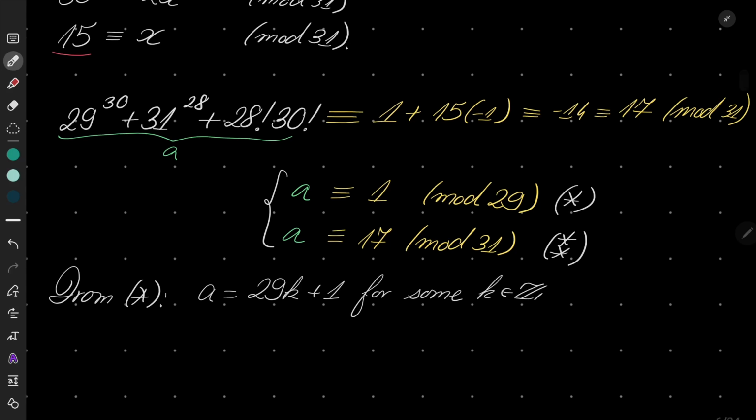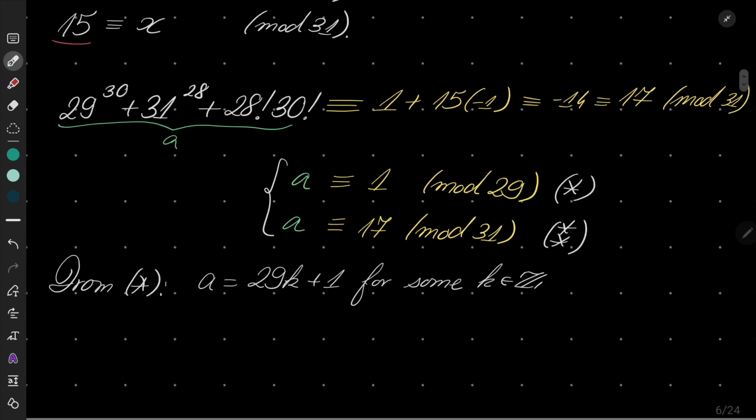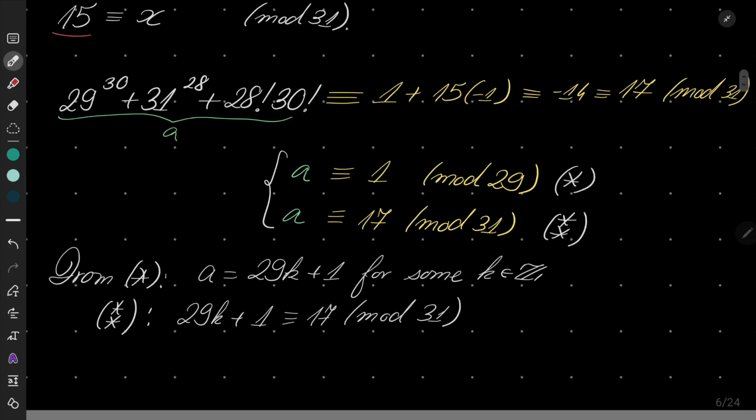And let's put it into our second congruence. It now says that 29k plus 1 is congruent to 17 modulo 31. 29 is congruent to minus 2, so we have minus 2k is congruent to 16 modulo 31.